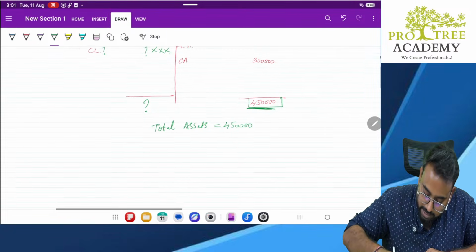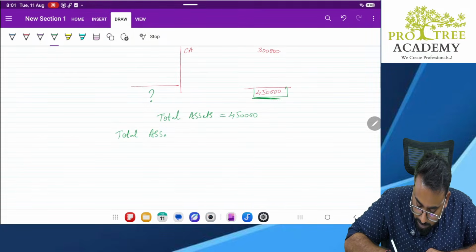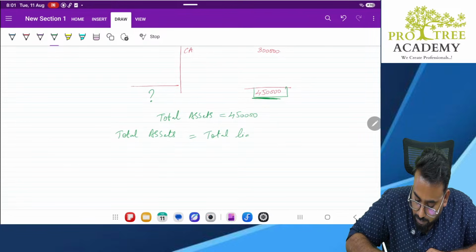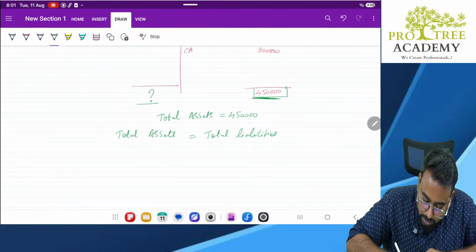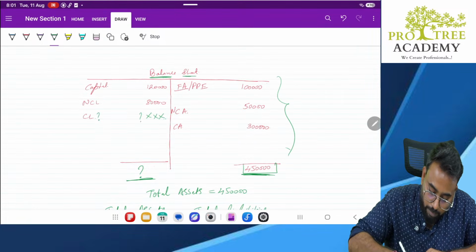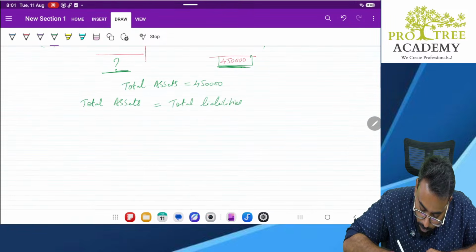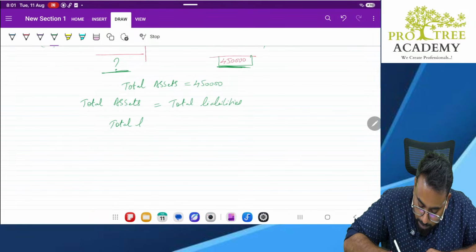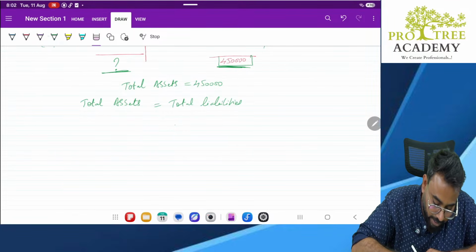Sir, balance sheet is nothing but total assets is equal to total liabilities. Correct or not? This is what a balance sheet is, because this side will be equal to this side. So total of the assets will be equal to total of the liabilities. Yes, sir, correct.